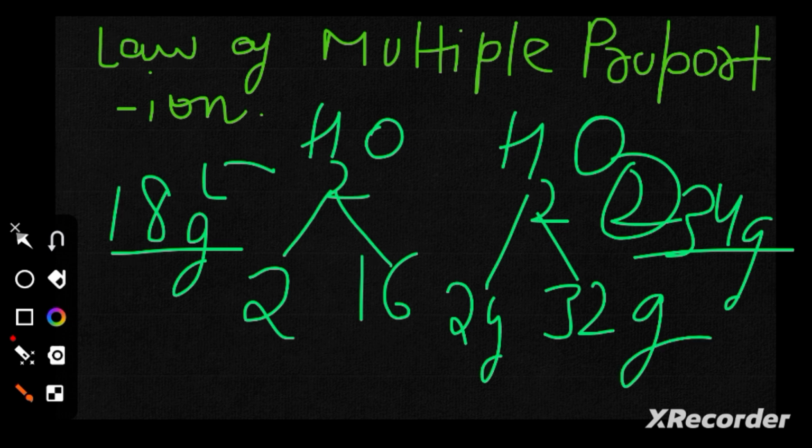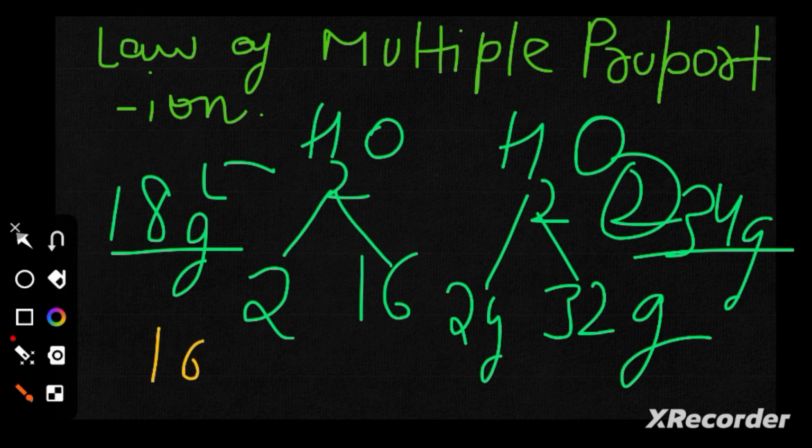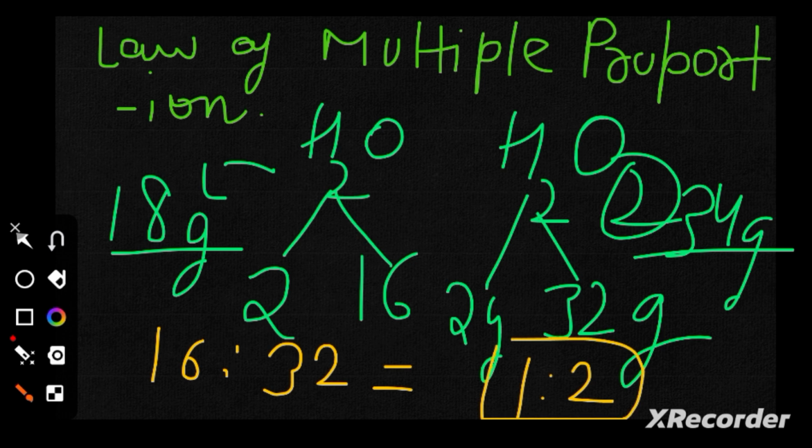Even though the masses are different in both compounds, if I make the ratio of 16 to 32, it's gonna be 1 is to 2, which is a simple whole number ratio, right?